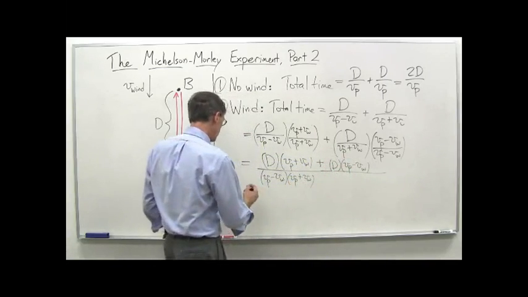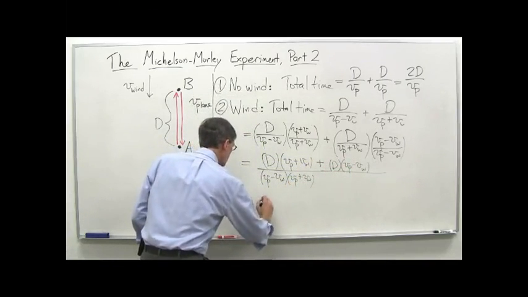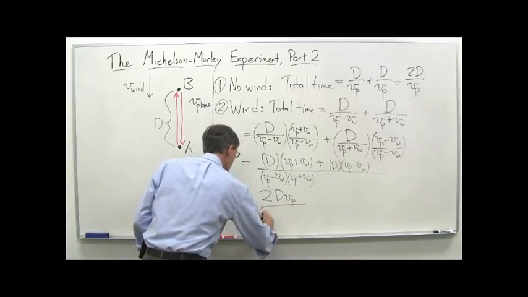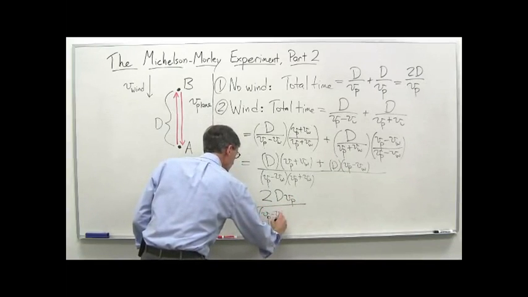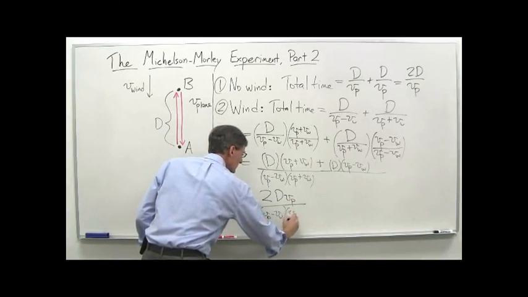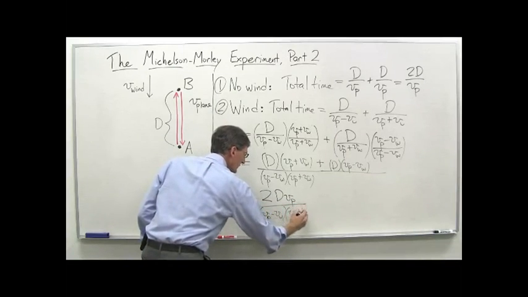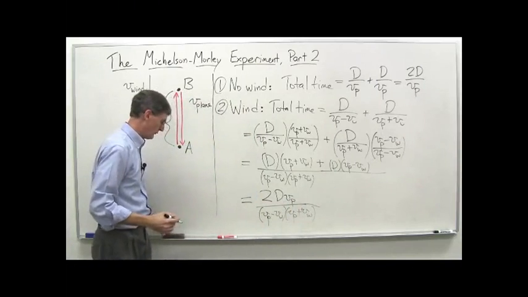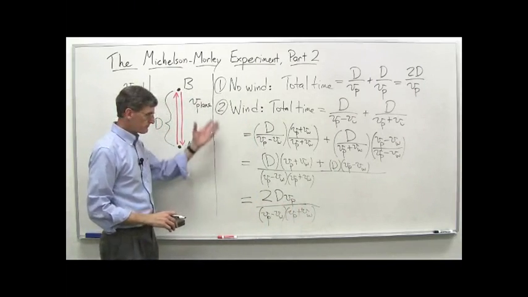So I can write this as, try to squeeze it in down here, 2 times d times Vp all over Vp minus Vw times Vp plus Vw. And we're going to bring it up here in a minute as well. Okay, so see what we did?